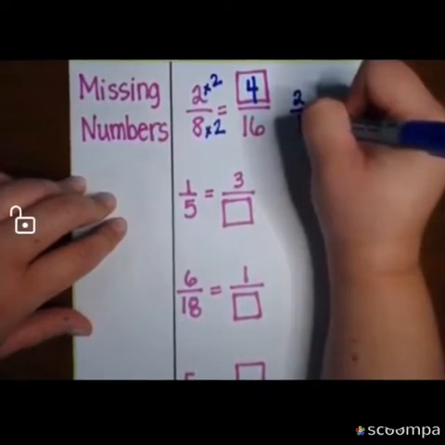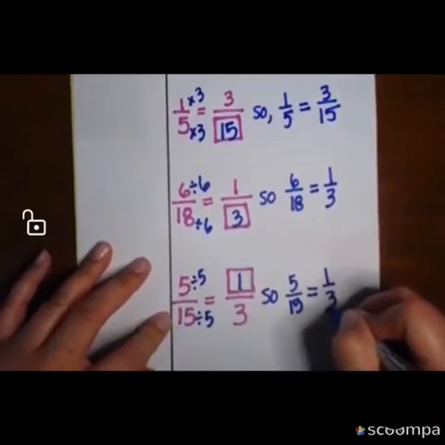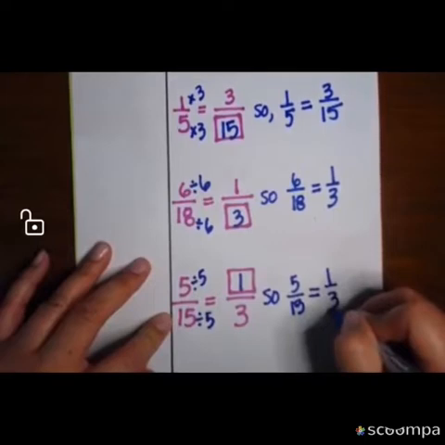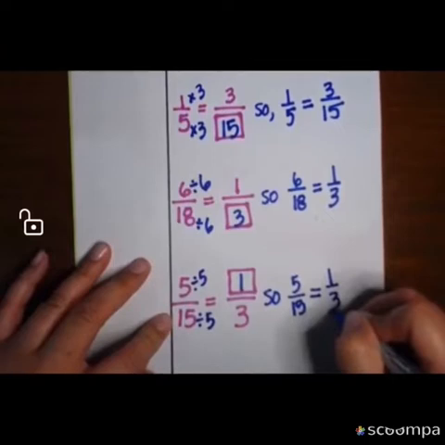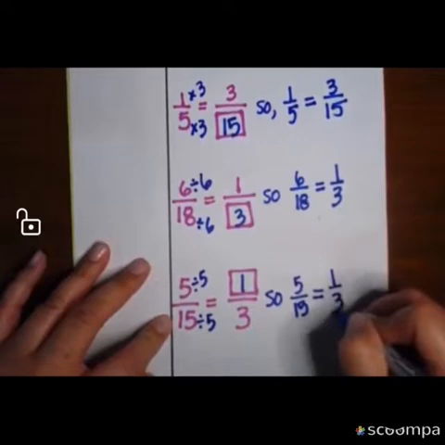So 8 times 2 equals 16. And here 1 over 5 equals 3 over, I don't know, so you must multiply by 3 in the numerator and the denominator. So 1 over 5 equals 3 over 15. 6 over 18 equals 1 over 3 because we divide by 6, and 5 over 15 becomes 1 over 3 because we divide by 5.